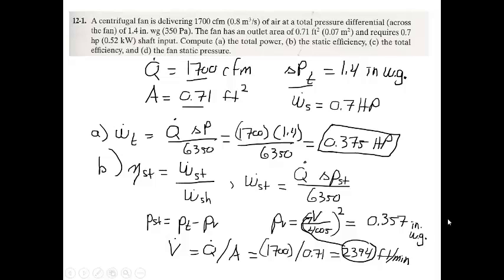I can use that in order to get my static work. I'm sorry, I have to get my static pressure first. So now, knowing that, I can go to the next slide and get my static pressure, which is going to be the total pressure 1.4 minus the velocity pressure 0.357, and I get my static pressure of about 1 inch of water.